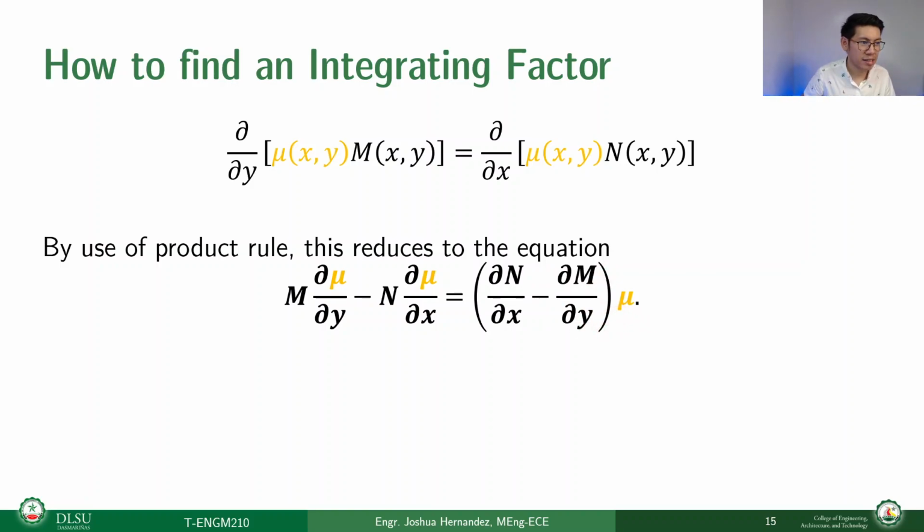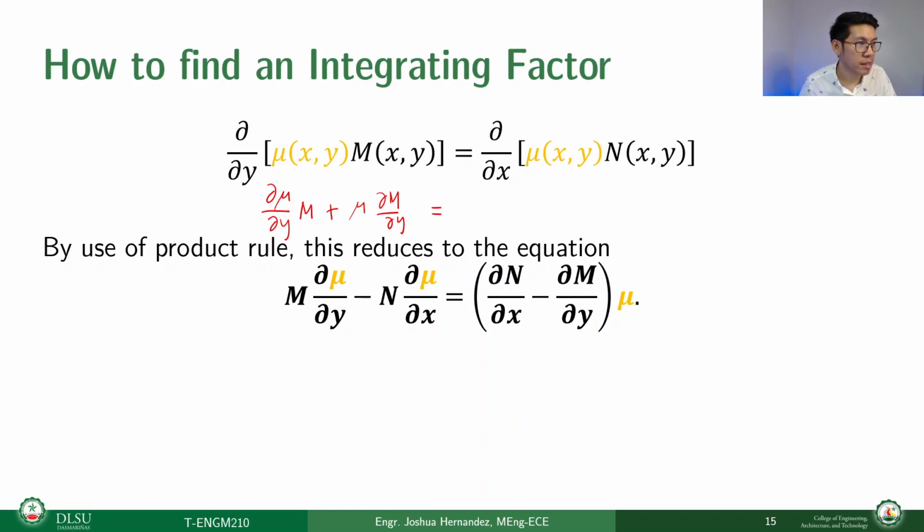Now you might ask, where did that come from? Where did that answer come from? Actually, you just differentiate this. And by use of the product rule, this becomes the partial derivative of mu with respect to y. Then we differentiate the first term and copy the second, M, plus, the second term we differentiate, so we copy mu, partial derivative of M with respect to y.